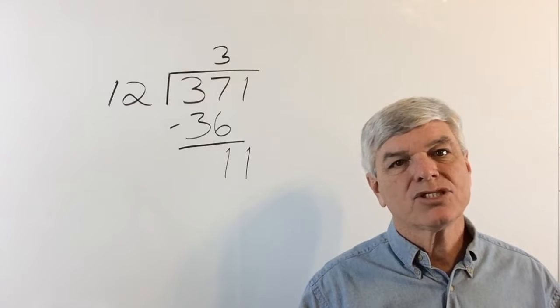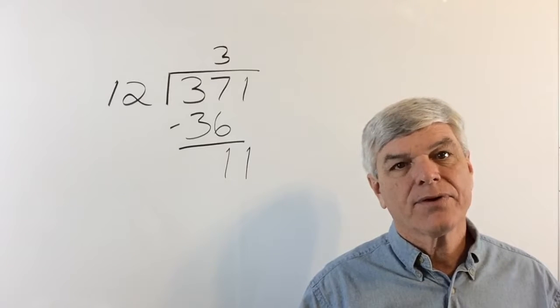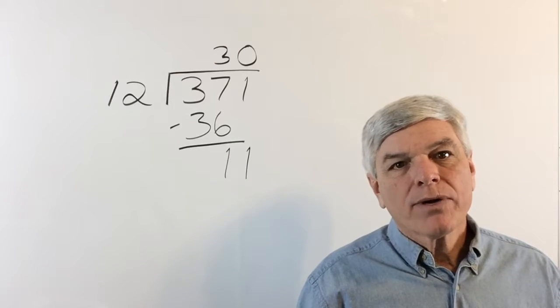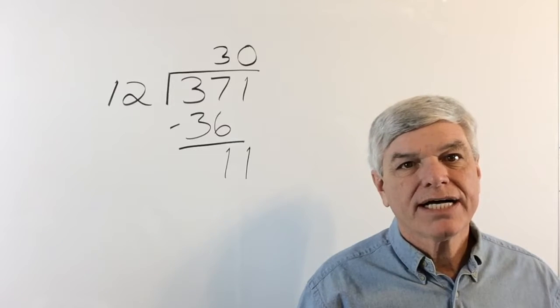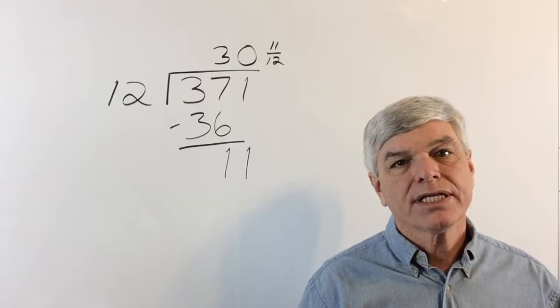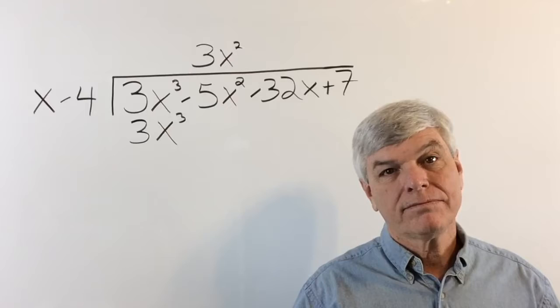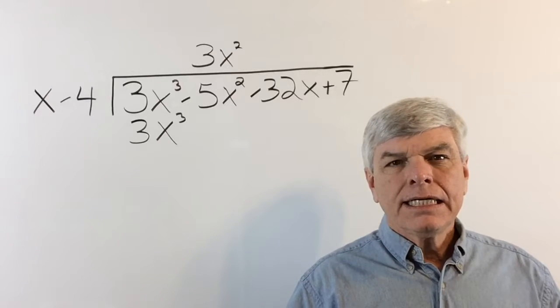And how many times does 12 go into 11? It doesn't, so let's put a 0 behind that 3. And so our remainder is 11, and so let's put that over the divisor. And that would be our answer, 30 with 11/12. Okay, is that a little bit more understandable?